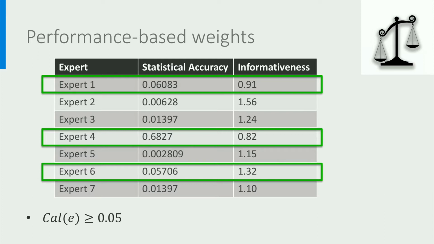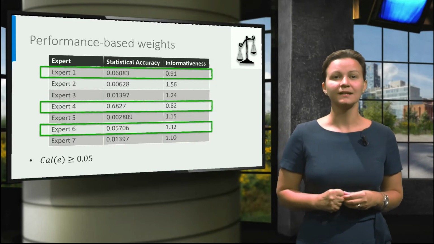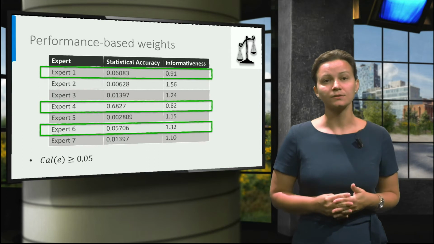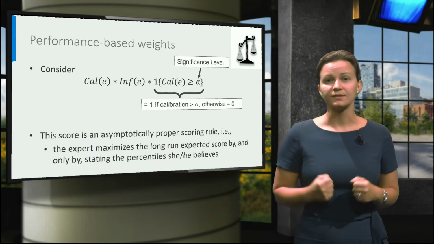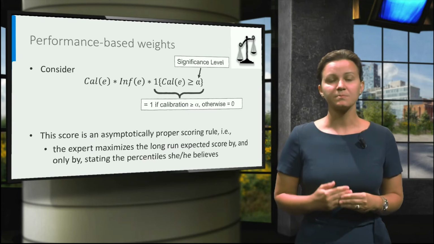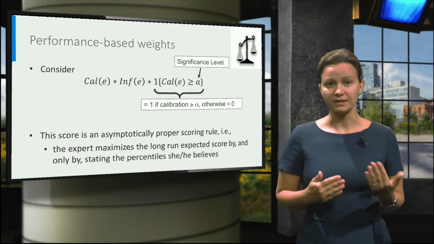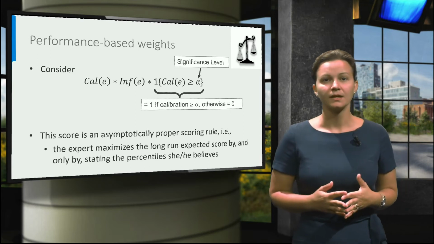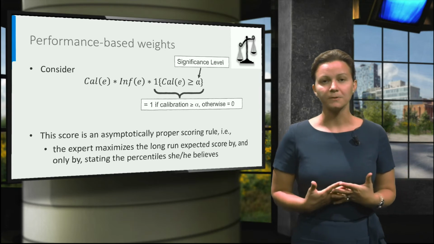Just as in classical hypothesis testing, this threshold is arbitrarily chosen and any other value could be chosen in practice. We consider this threshold in the calculation of the performance-based weights. We therefore introduce a significance level, alpha, which needs to be positive and smaller than the largest calibration score.